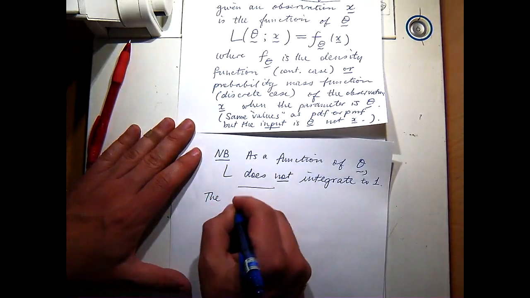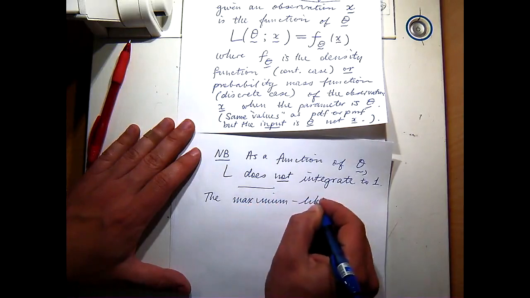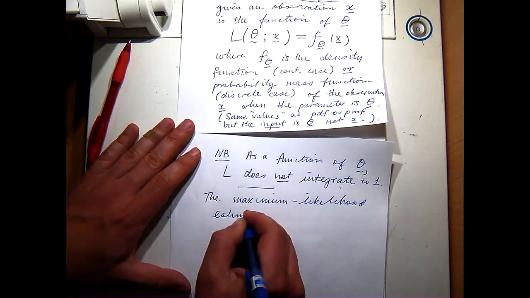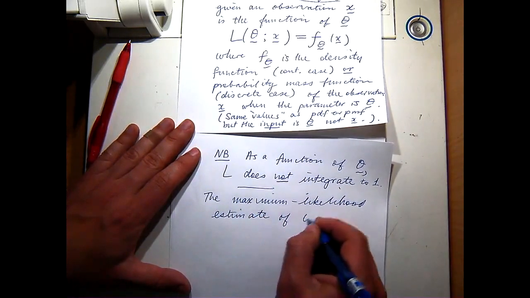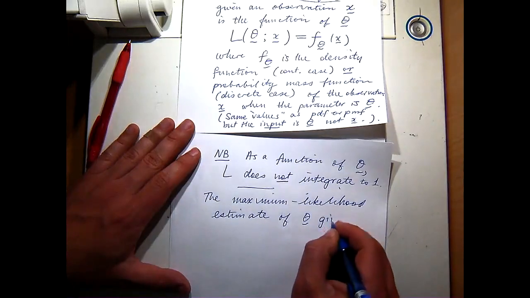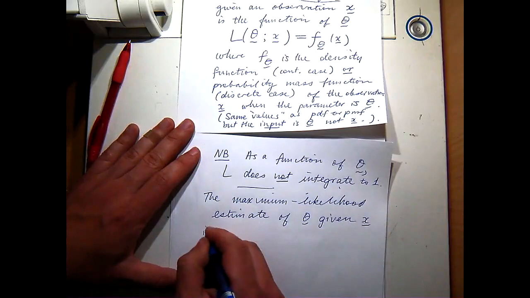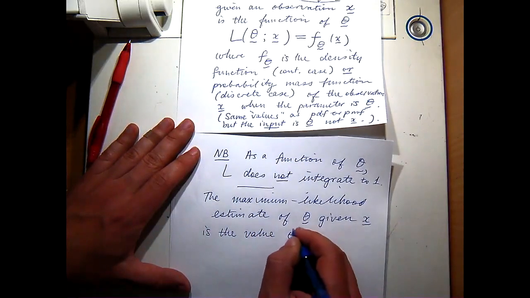The maximum likelihood estimate, as you would expect, or estimates of theta given the observation x is the value theta hat.